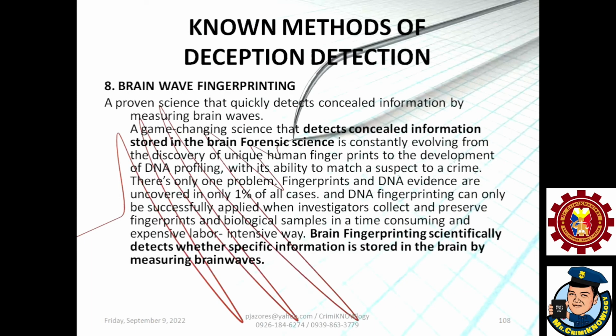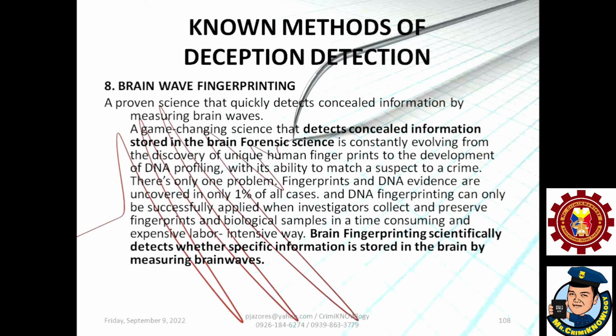The eighth one is the brainwave fingerprinting. This is actually a game-changing science in deception detection because it detects concealed information stored in the brain of the subject. This is among the forensic science updates or upgrades in the field of deception detection.